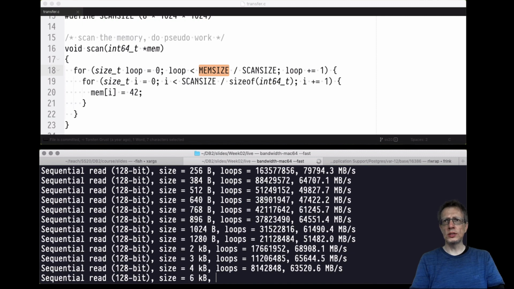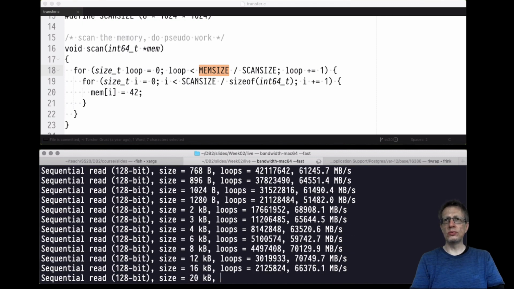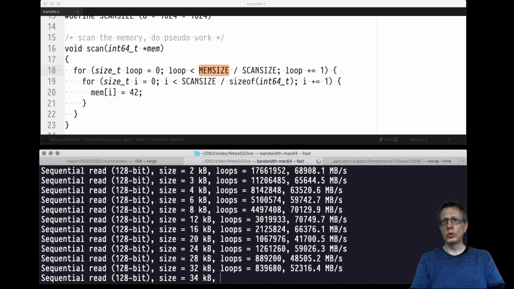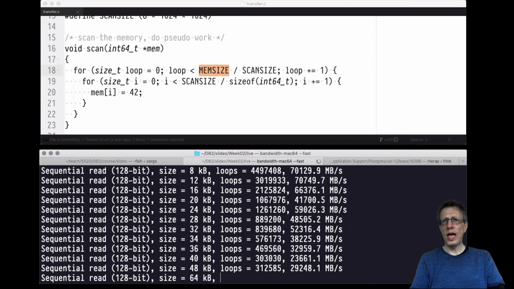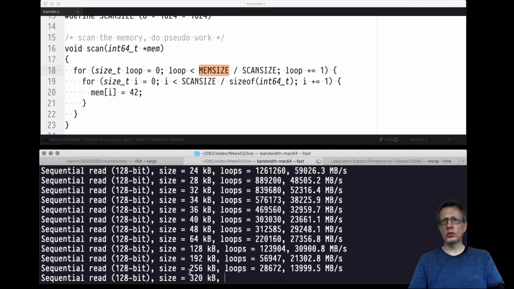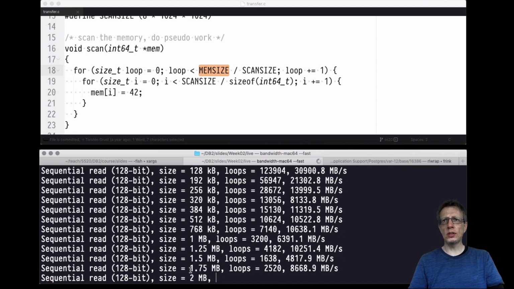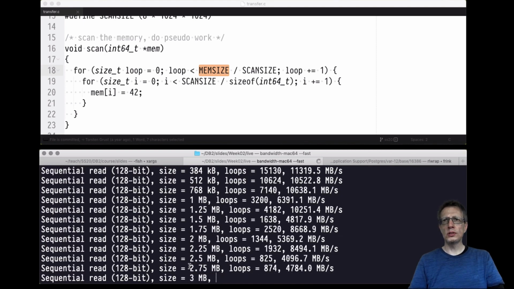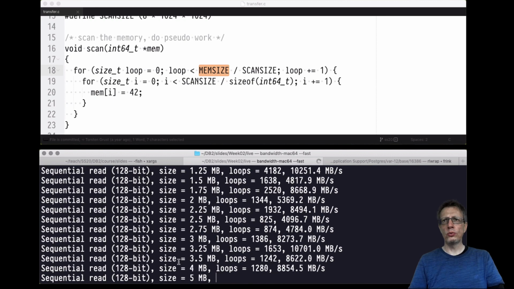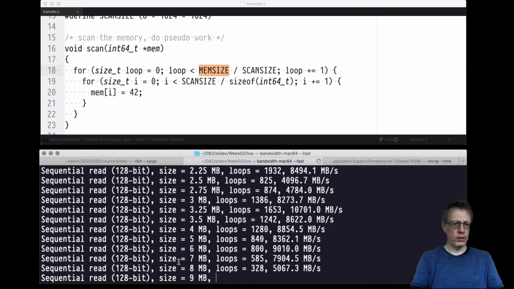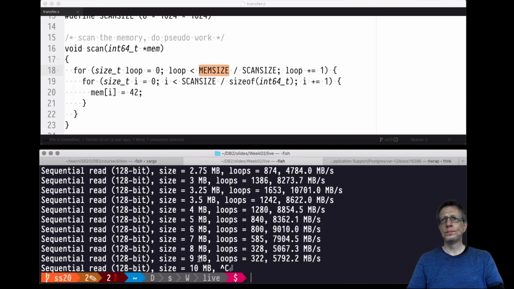You see that this bandwidth measuring program is writing to DRAM ever larger chunks of data. So we are currently writing 512 kilobytes, 1 megabyte of data, 2 megabytes of data. Okay, let it run for a bit. All right, I think that should suffice.